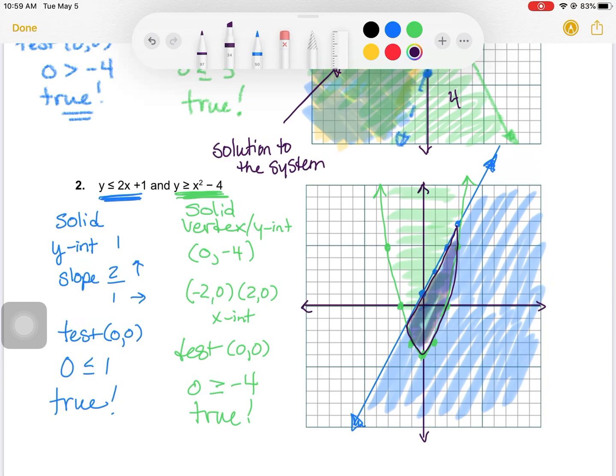This area right here, if we wanted to be technical, those are the points that are in our solution set. So again, you're just looking for the overlap.